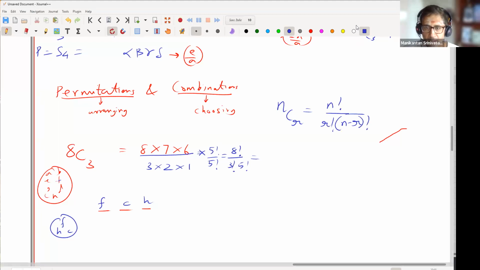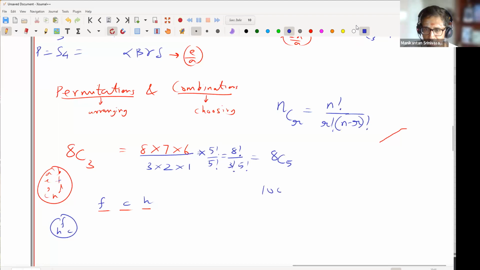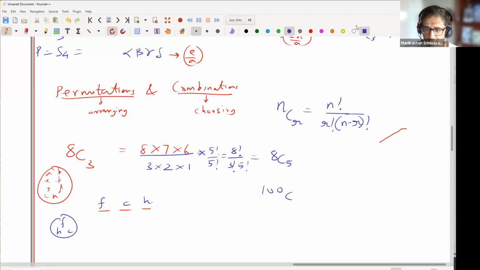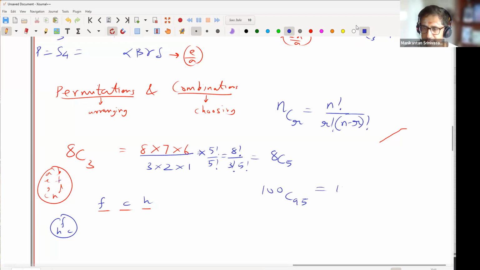Of course, 8 choose 3 is the same as 8 choose 5. In the extreme case, let's say I have 100 people and I have to form a team of 95. Just imagine, I'm not going to select my best 95. I'm effectively going to only select my worst 5 and say you are ruled out, the rest of you are in. The problem of choosing is exactly the same as the problem of elimination.